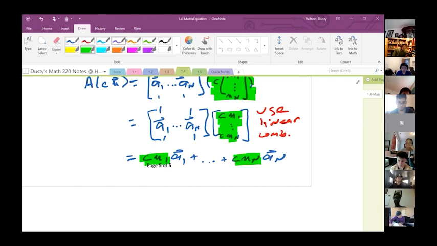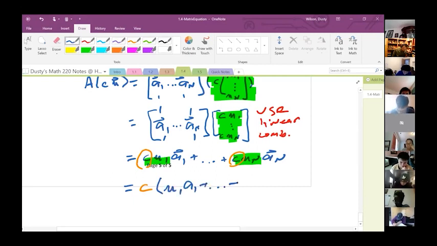Notice that there's a common factor. There's a common factor here of c throughout. So we can pull that factor of c out. And so I have c, and what's left behind is u1 A1 plus dot dot dot plus un An. Okay.